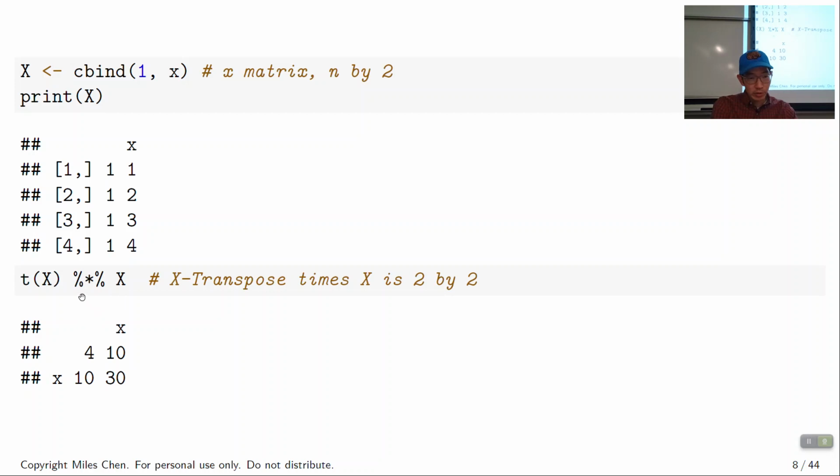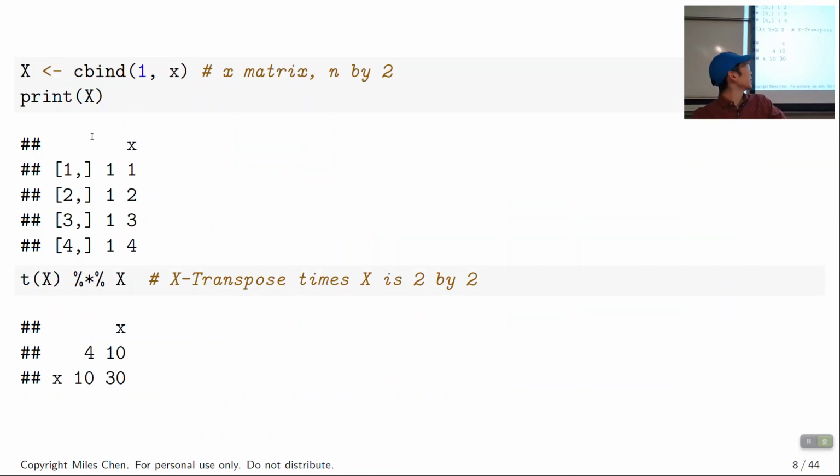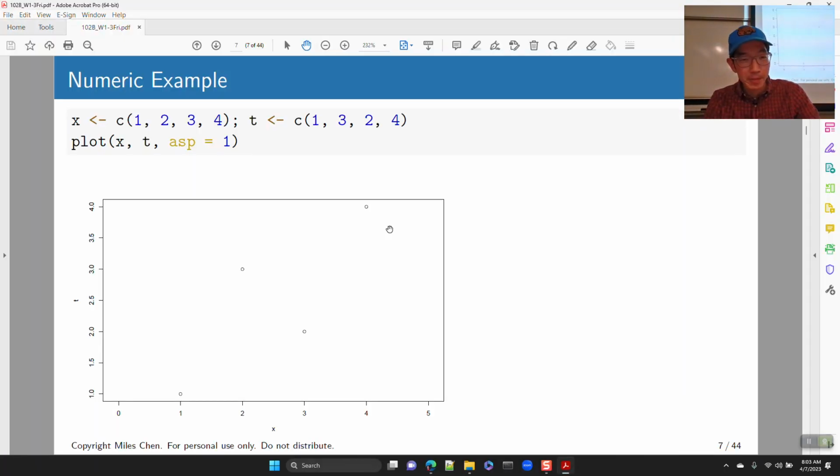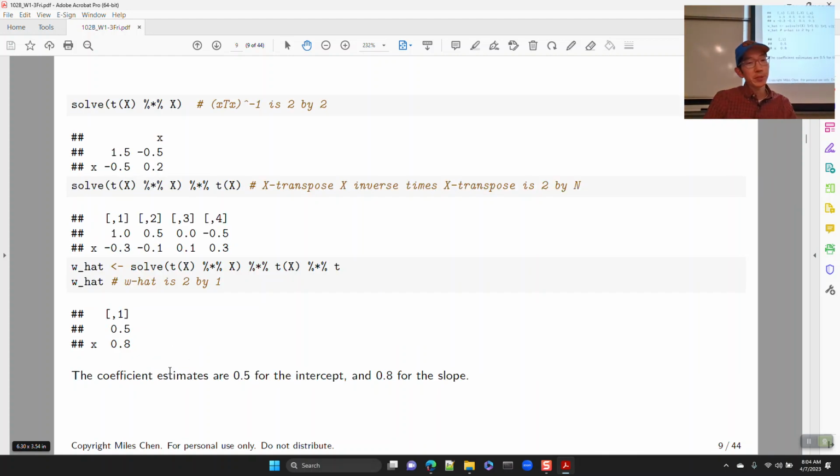Then I would do X transpose X, and even though I've got n rows, when you do X transpose X you end up with a 2 by 2 matrix. And we do X transpose X inverse, which is also a 2 by 2 matrix, but now with different numbers. Our projector cuts off a little bit here. So I've got X transpose X, this 2 by 2 matrix, and we take the inverse of that.